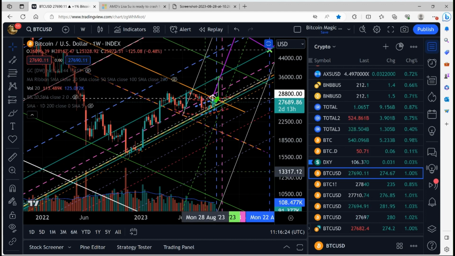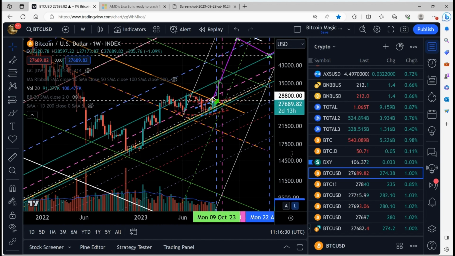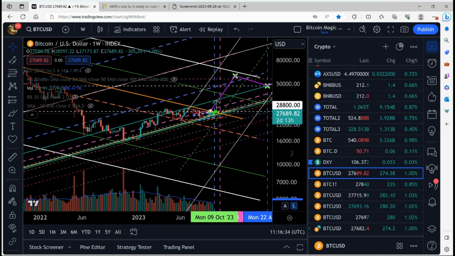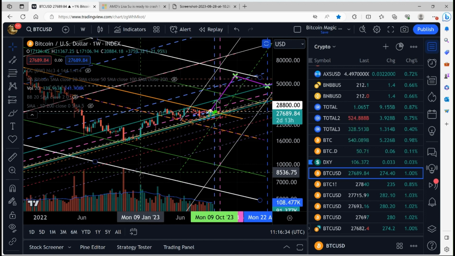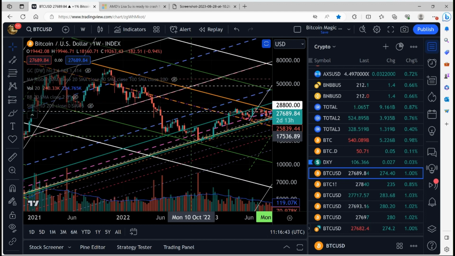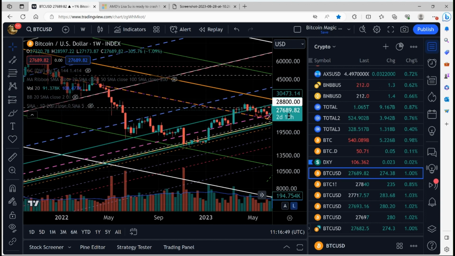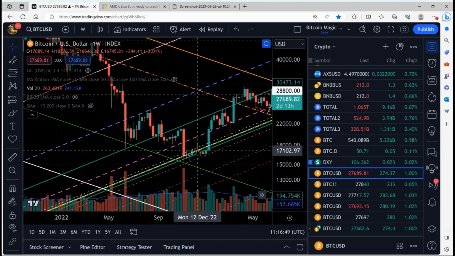Now, I have a lot of other parallel lines marked off here, and the reason for those is because this is a trend line. It's not a line in the sand. We've broken through it even back here with the FTX collapse, just barely. But as you can see, price action followed right along that line.